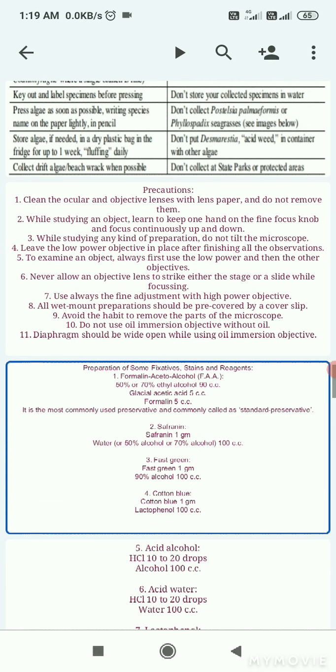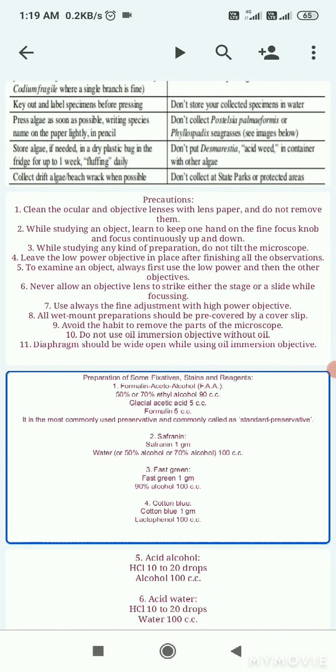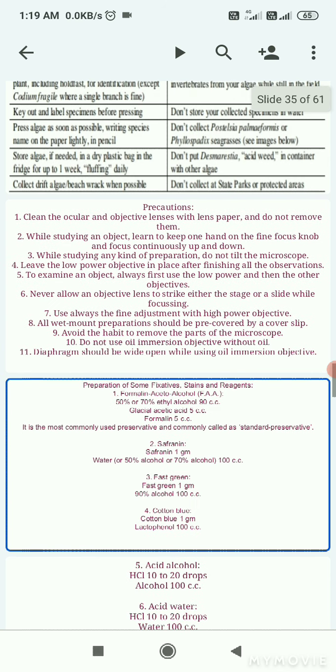Likewise, we have to always use the fine adjustment with the high power objective. Sometimes wet mount preparations should be pre-covered by a cover slip, so we avoid moisture which can be absorbed by the objective and make a false imaging.